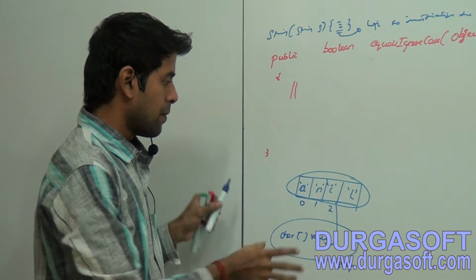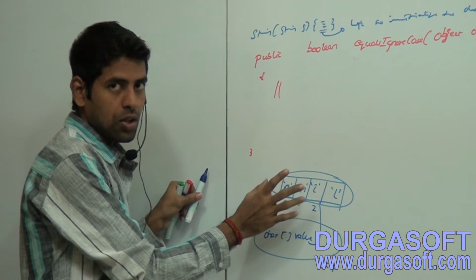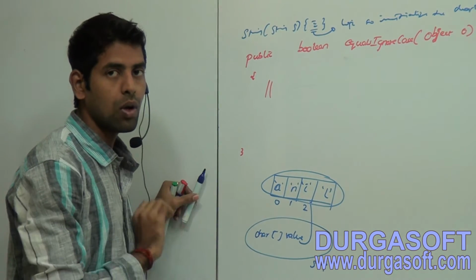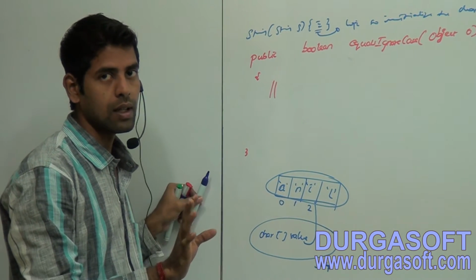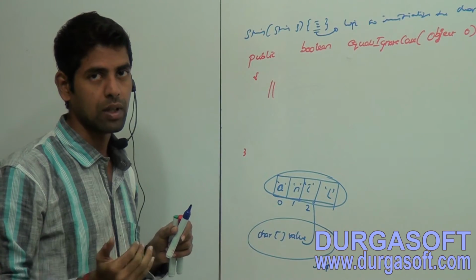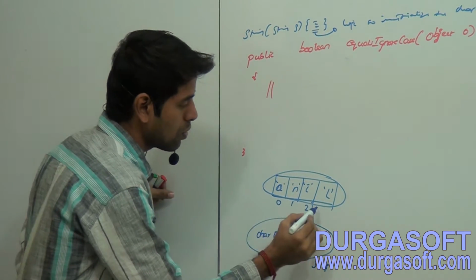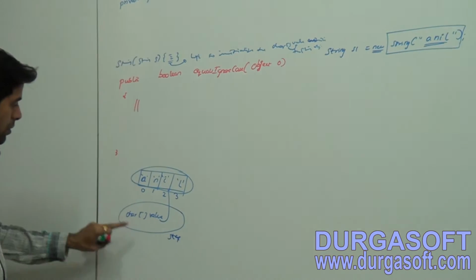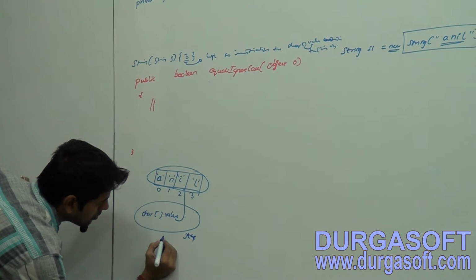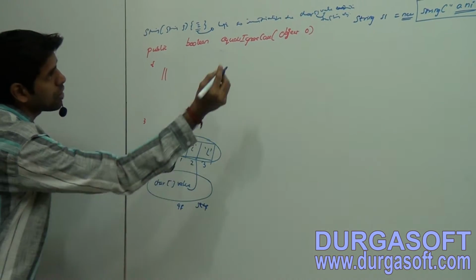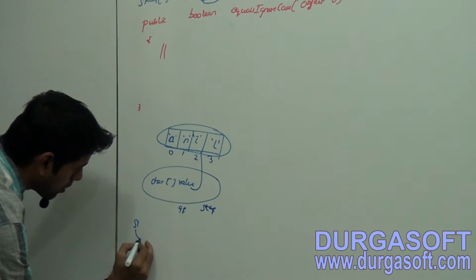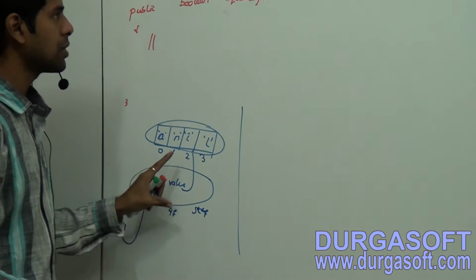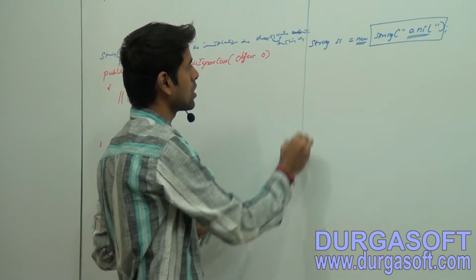The starting element index in a given array will always be 0. It is the internal implementation, so 0 1 2 3. Now this object has one reference, let it be 9f, that we are copying to s1. So s1 will be referring to this object, created because of this statement.